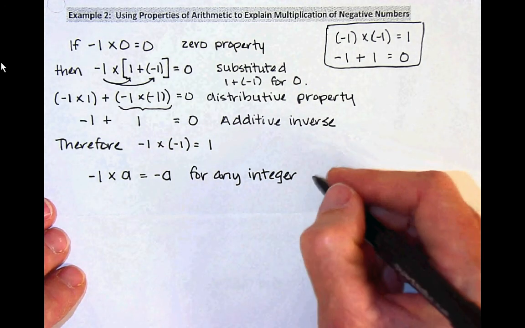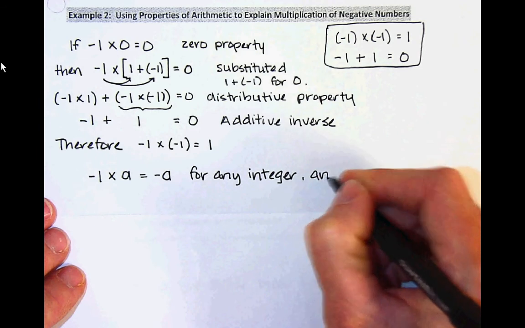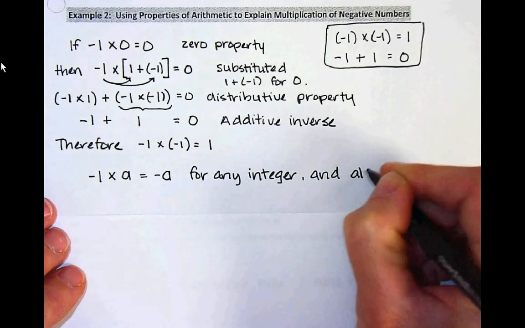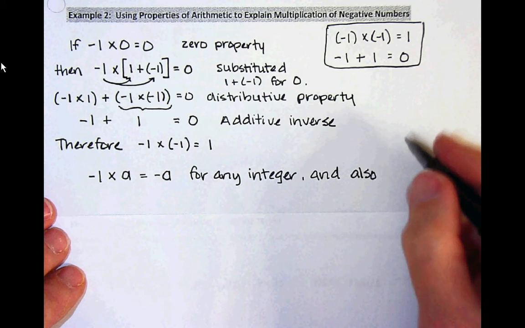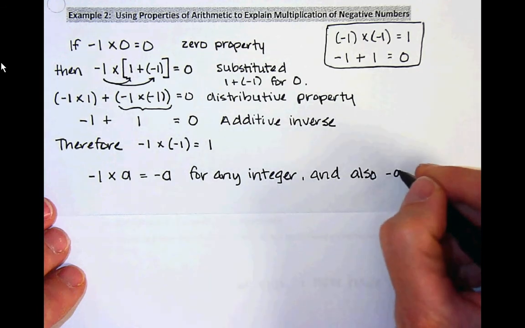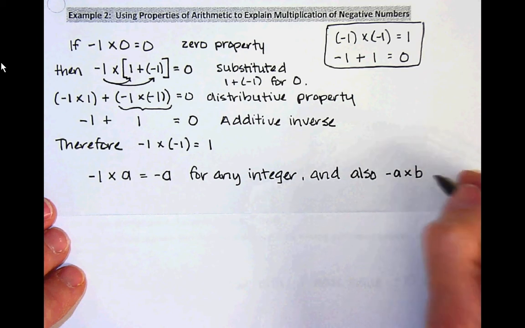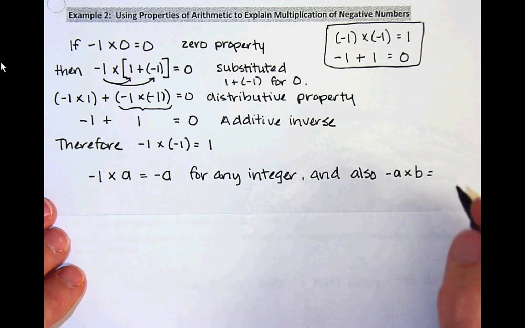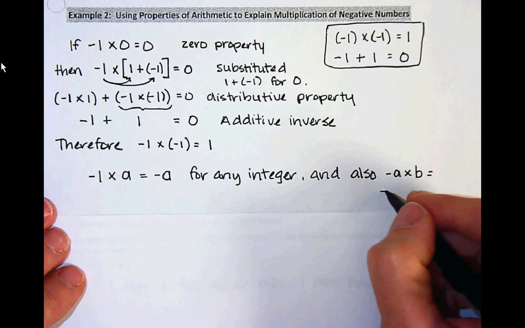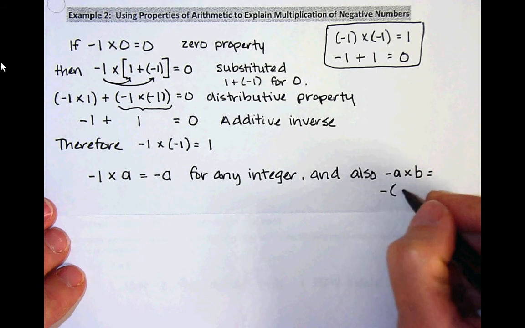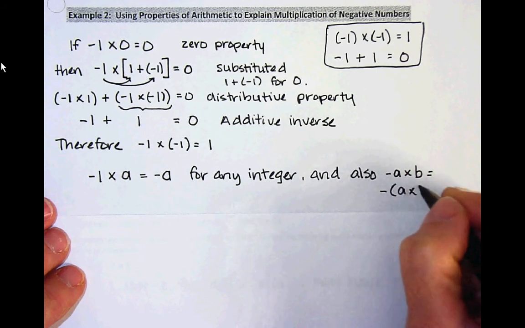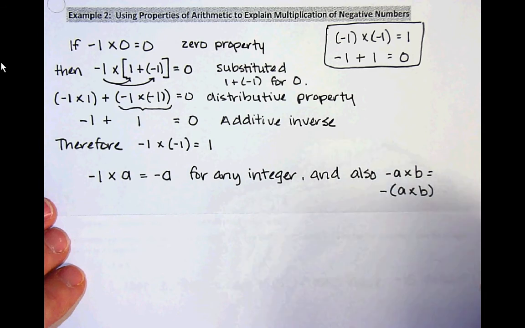And also, negative a times a positive b is equal to the opposite of multiplying a times b. Okay?